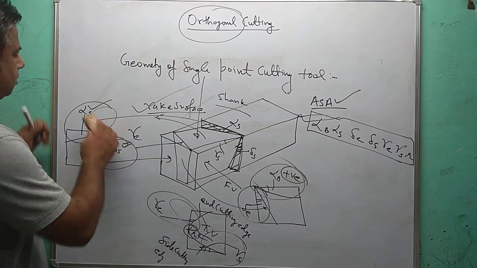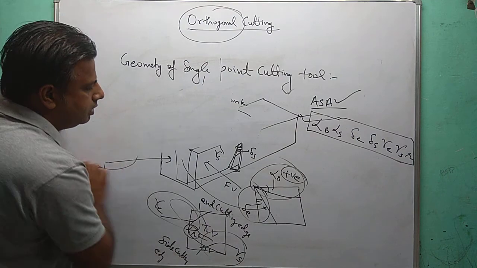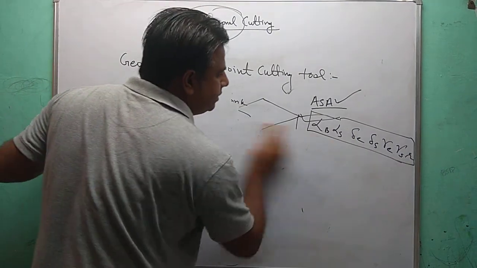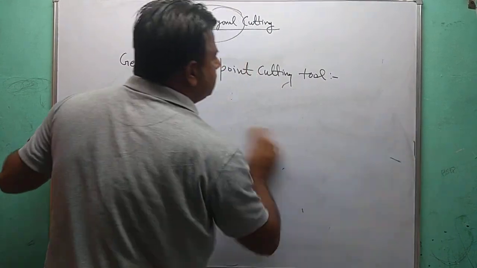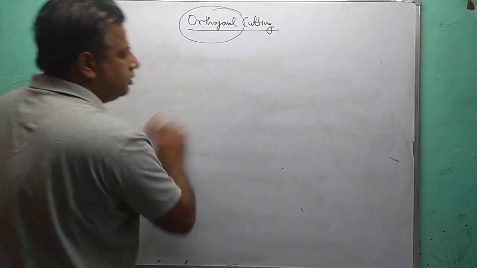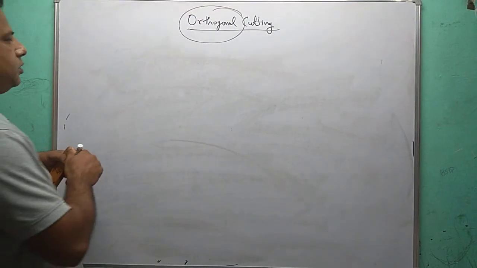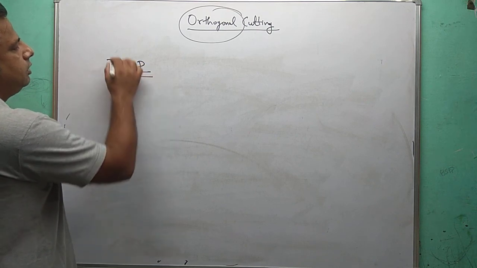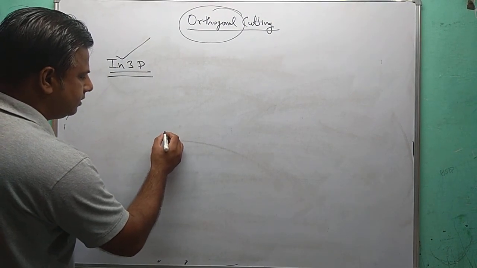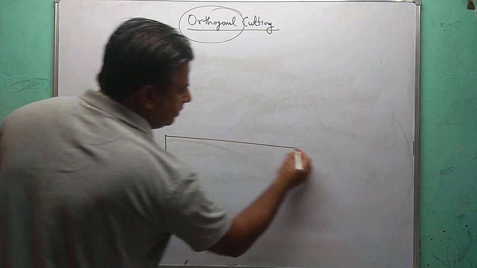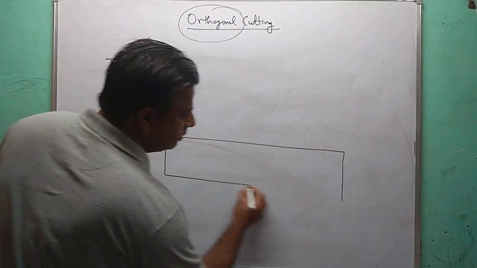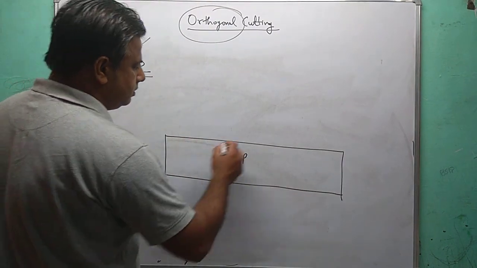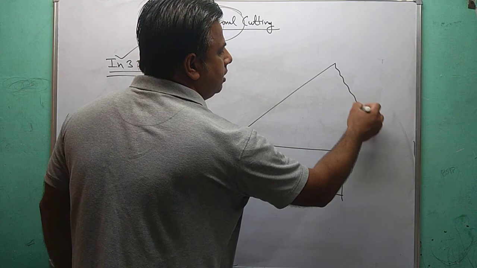Now this single point cutting tool we consider like a wedge shape. In orthogonal cutting, in 3D during cutting operations, it looks like this. This is my workpiece, WP, and this is my cutting tool.